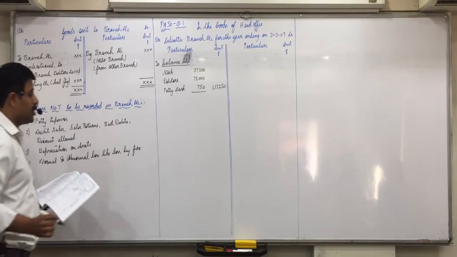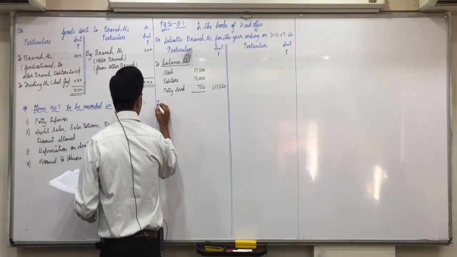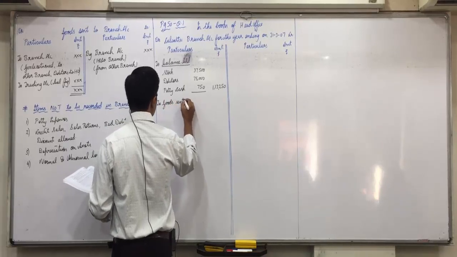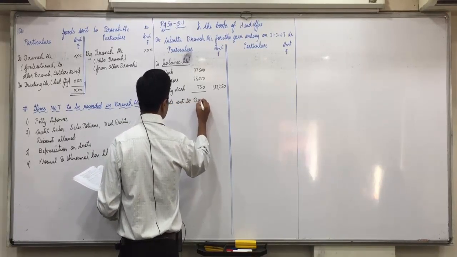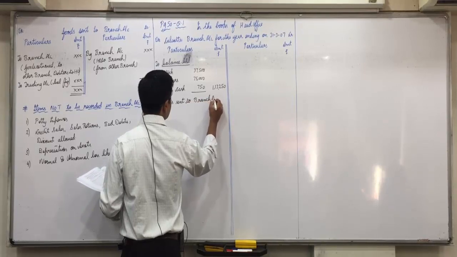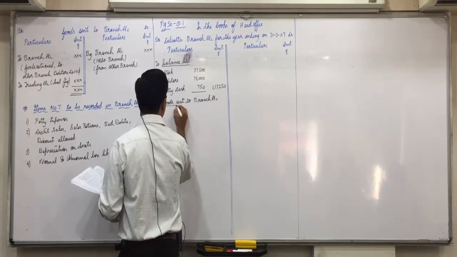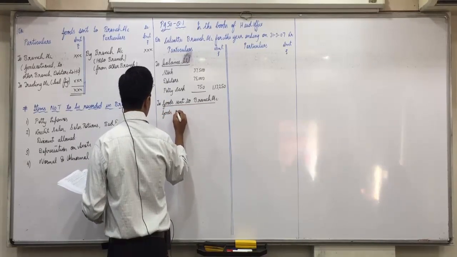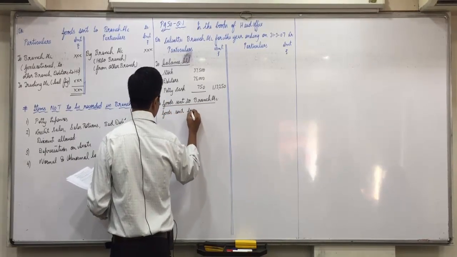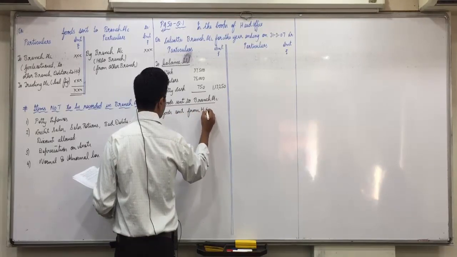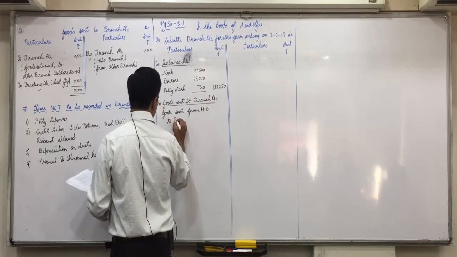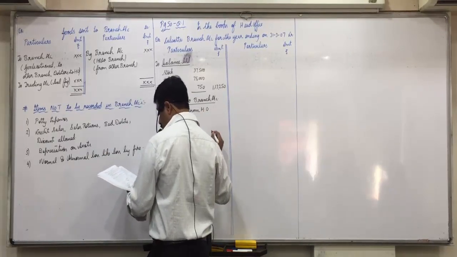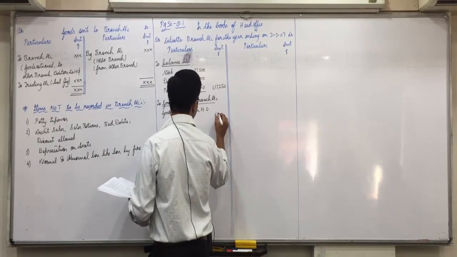Then goods sent to branch will come on the debit side, to goods sent to branch account. In that heading, goods sent from head office to branch. Only one item is given here, goods sent from head office to branch, directly in the outer column, 6,30,000.